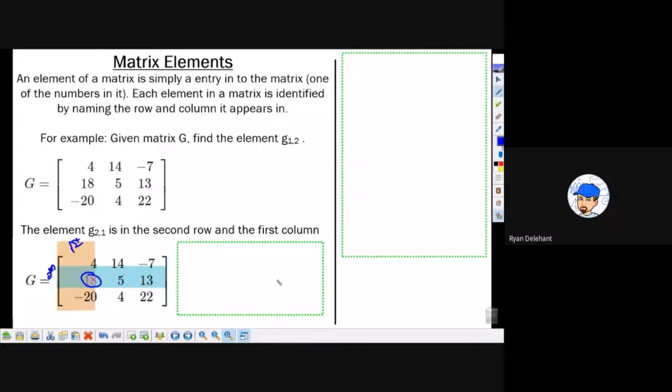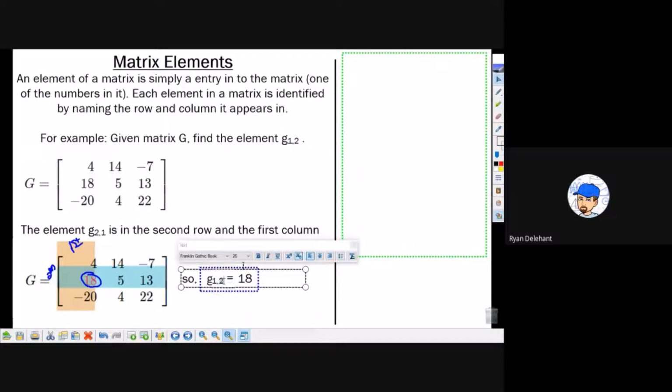That's in the second row, first column. So the number that's in that location is the number 18. That's the element in the, did I type it backwards down here? I did. I told you this was beta. Fix it on the fly. In the second row, first column.